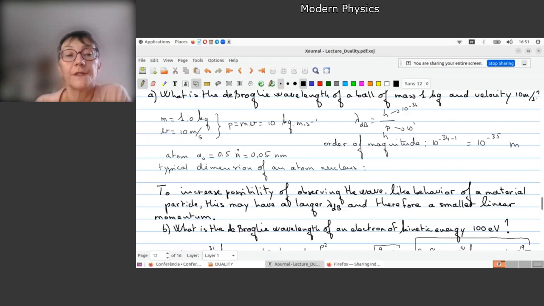This is 10⁻¹¹ meters, and here you have 10⁻³⁵.